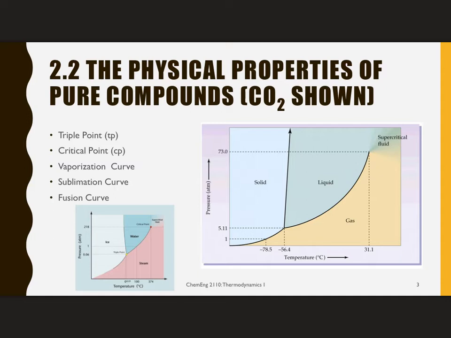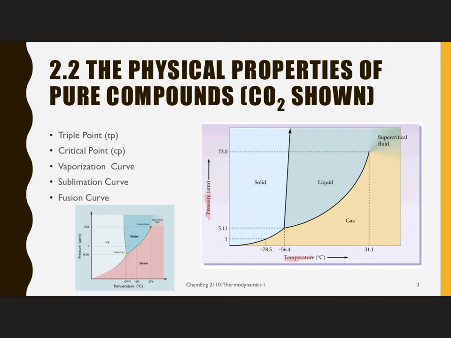First, I want to point out that we have pressure across the vertical axis, and the horizontal axis is temperature. That's going to be really important because we want to be able to talk about what happens as things change temperature or change pressure.